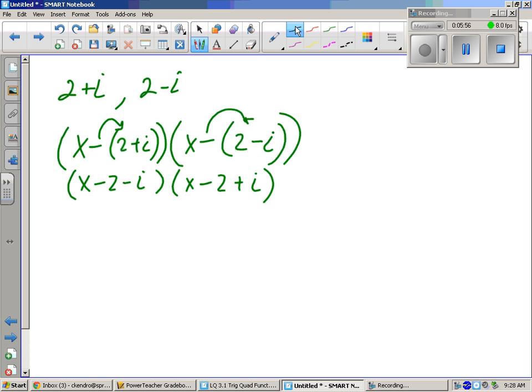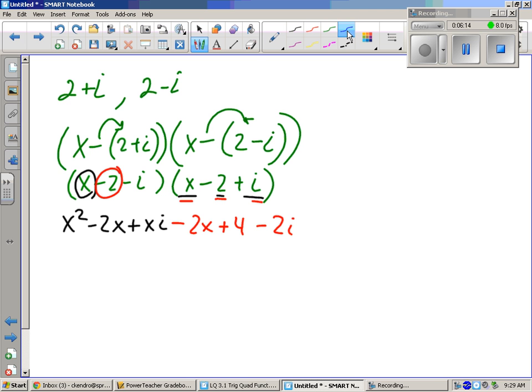Now when you go to distribute, I'm going to take this times those 3. So I get x squared minus 2x plus xi. Let's go with red here. So negative 2 times each of these would be negative 2x plus 4 minus 2i. And then let's take the negative i times each. So I get negative xi plus 2i and minus i squared.